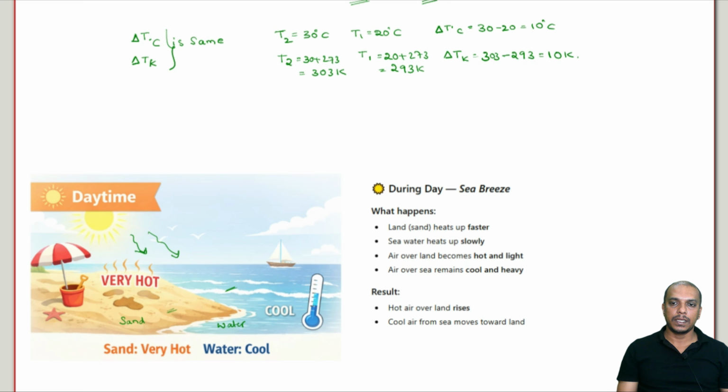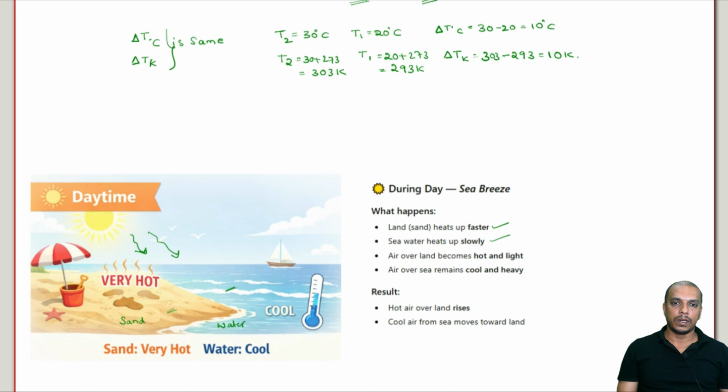But we see that the sand gets heated up faster, whereas water gets heated up a little slower. Even if you keep them at equal quantities, this is going to be true. So the sand heats up faster.